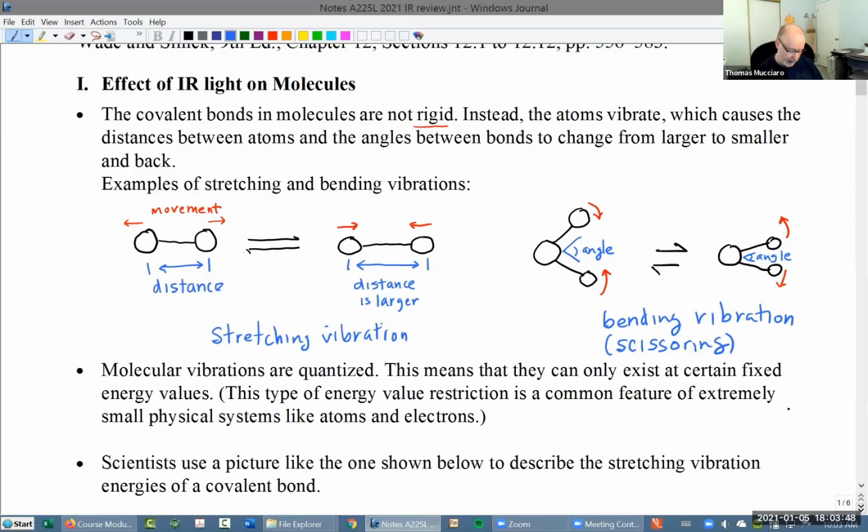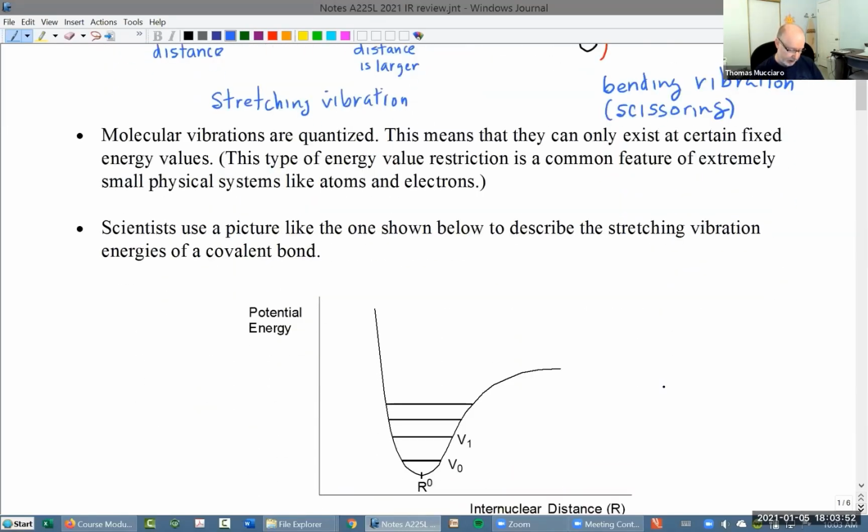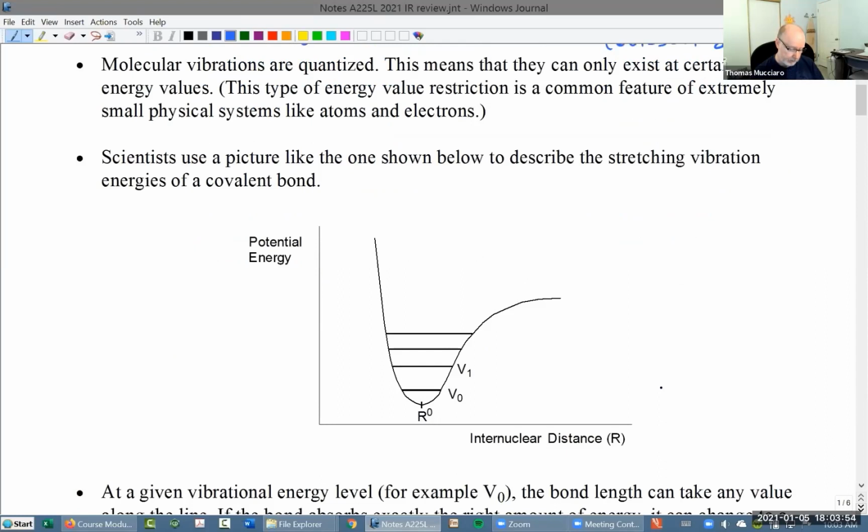Okay. All righty. Now, here's the thing about these vibrations. They are cyclic processes. They go back and forth. And so we have a term to describe the speed of this cycle.